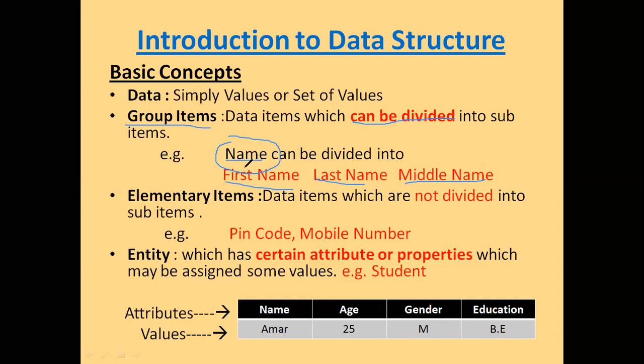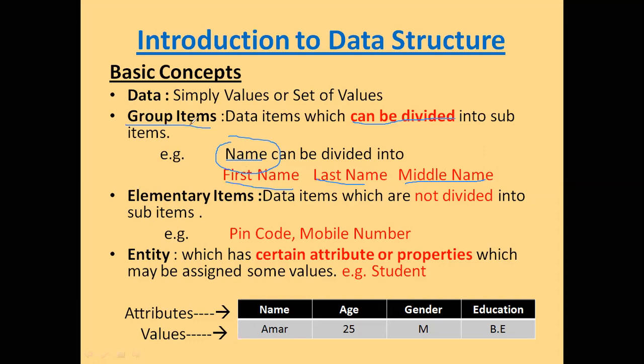So whenever we are storing data, every time it stores in the elementary form, means we need individual array for each elementary item. Means if I want to store name, then I need three parallel arrays to store first name, middle name, and last name.